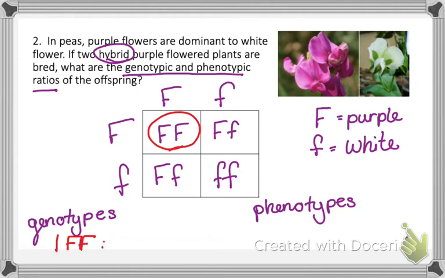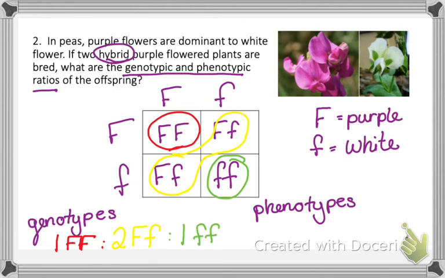Next, there are 2 that are heterozygous, so 2 big F, little f. Sorry if that yellow is hard to read. And my final one is 1 homozygous recessive, little f, little f.